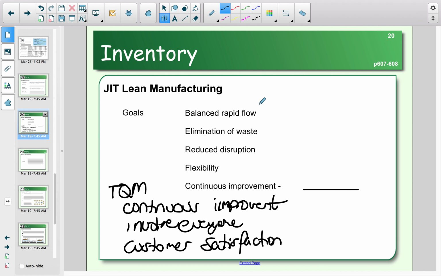As part of this continuous improvement, we want to use a Japanese term called Kaizen. And the idea behind Kaizen is that your continuous improvement should be gradual. No big changes all at once, small little changes. And of course, everyone is involved in these.